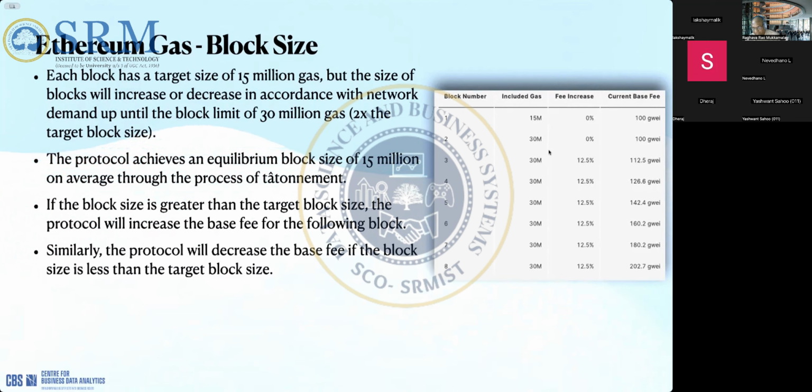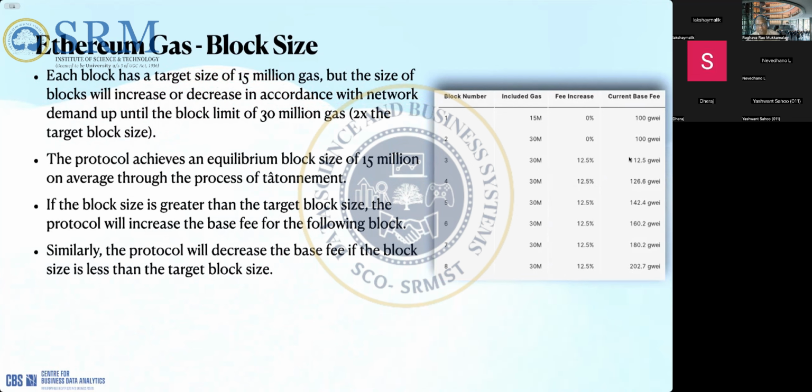And then what happens is, for the next block, the base fee will increase by 12.5%. So previously it was 100 Gwei and now it is 112.5 Gwei you need to pay for each base transaction. And let's imagine that the network is still fully loaded. Then you need to apply this 12.5% increase in each block you create, right?